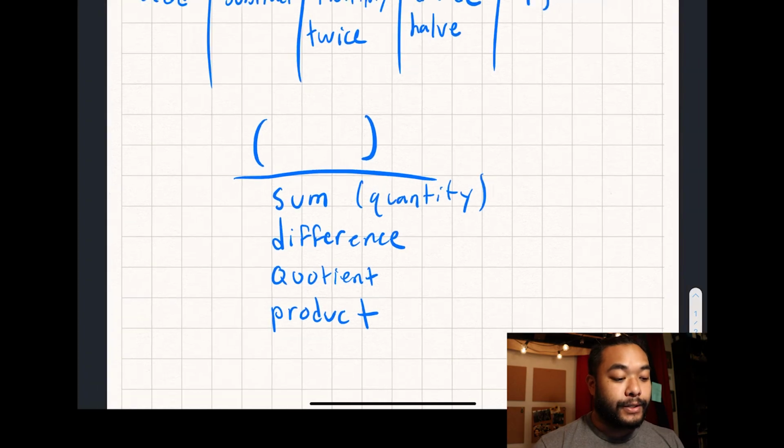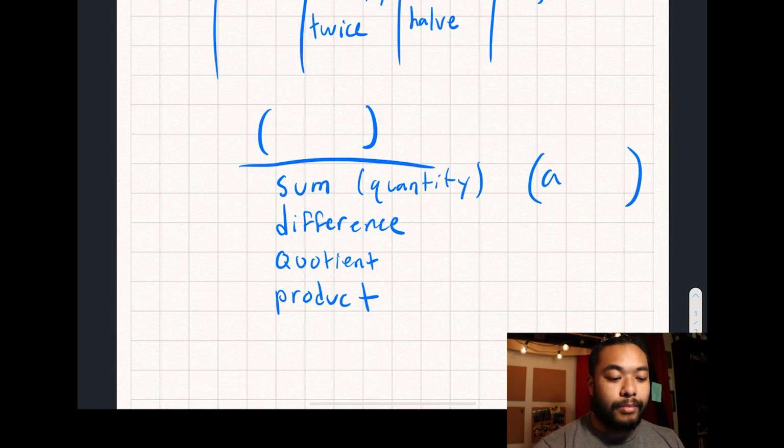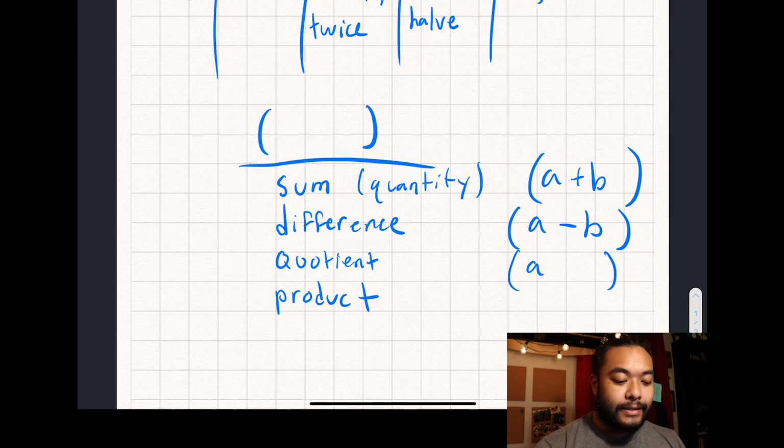So for sum, I would say maybe the sum of a and b, I would have parentheses a plus b. Or the difference of a and b, parentheses a minus b, or the quotient of a and b, parentheses a divided by b, or more commonly we'll see a divided by b like that, or a over b.